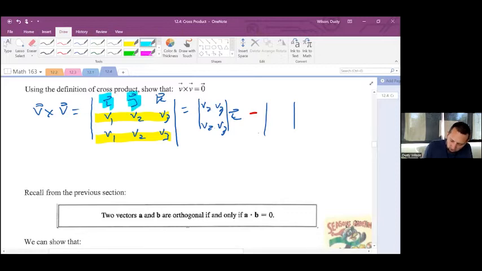Expand across the j. And we have v1, v3, v1, v3. Plus, now we expand across the k. And v1, v2, v1, v2.